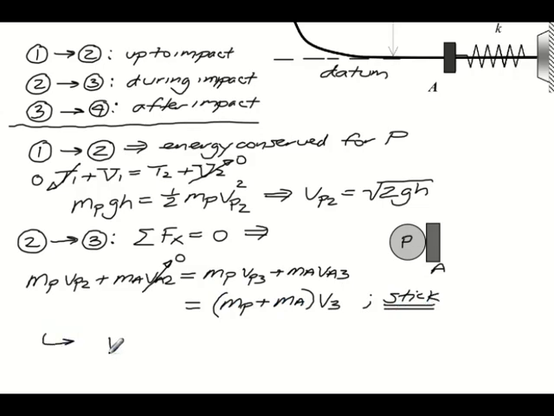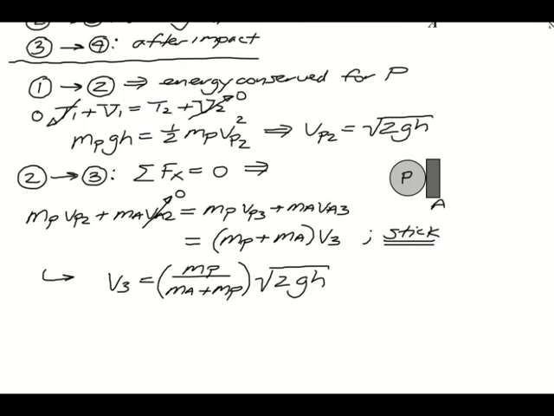So then I get that v3, the speed of A and P, becomes the mass of P divided by the total mass m_A plus m_P, times v_P2, and that's the square root of 2gh. So this is what's going on with A and P right after impact occurs.